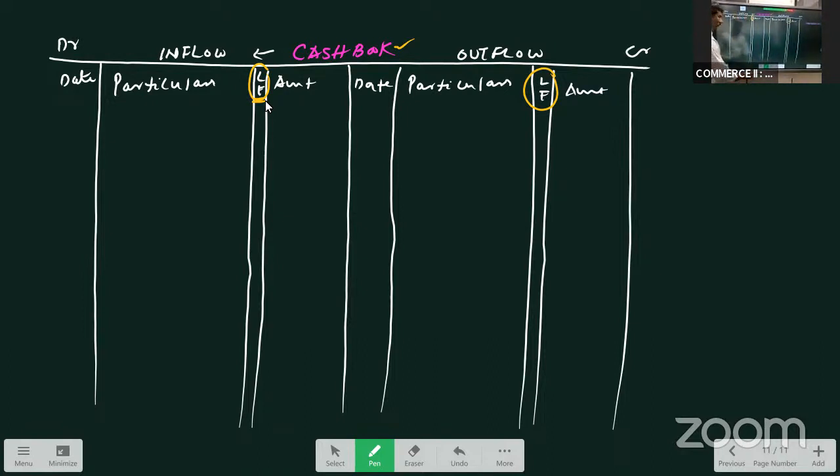Okay. So we'll do one thing. We'll take one question from your intermediate textbook. I'll give you the page number.